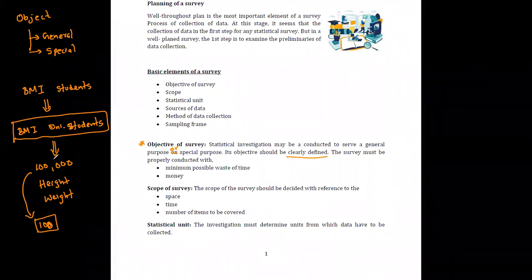It is because if we identify a generalized sample from these 100,000 students as 100 or 1,000, then this generalized sample should reflect the characteristics of the entire 100,000 students as well. Therefore, rather than measuring the height and weight of all 100,000 students, you can measure the height and weight of these 1,000 students. Therefore, you have to limit your survey.